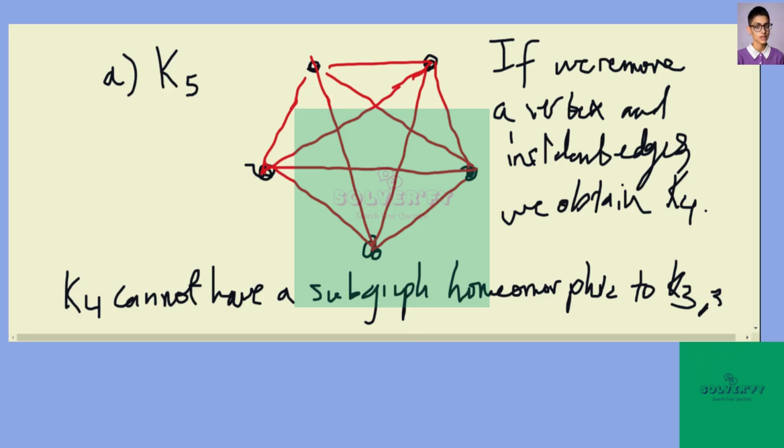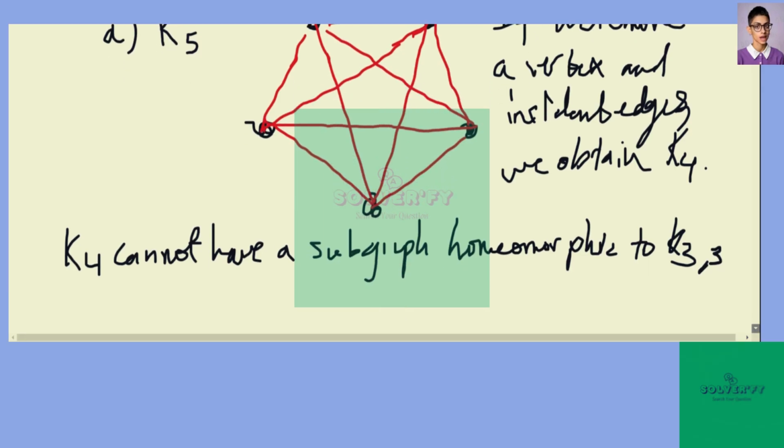And of course, it's also not homeomorphic to K5. Again, because the number of vertices in K4 is only 4, and to have a subgraph homeomorphic to K5, we require at least 5 vertices.